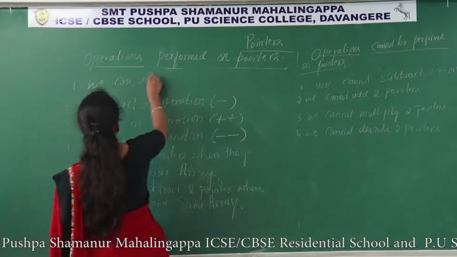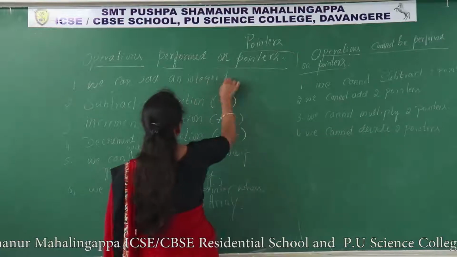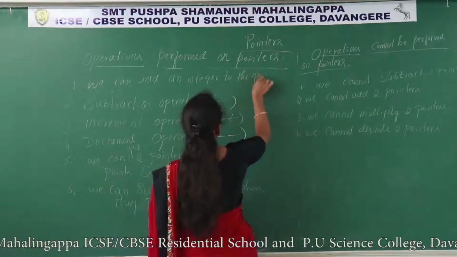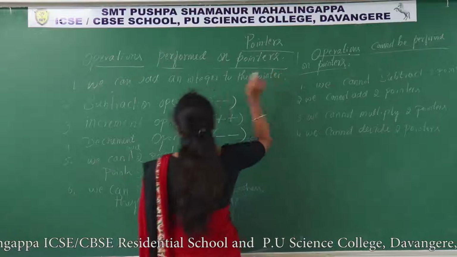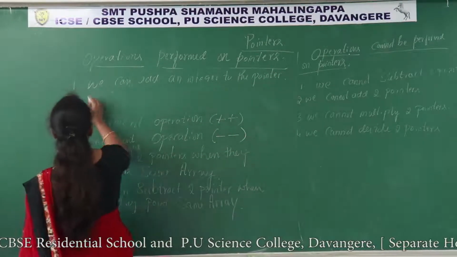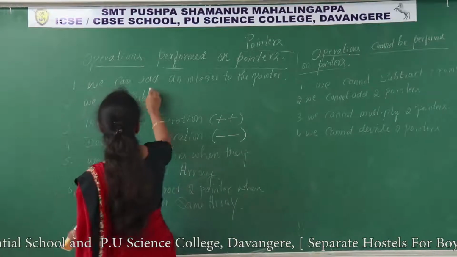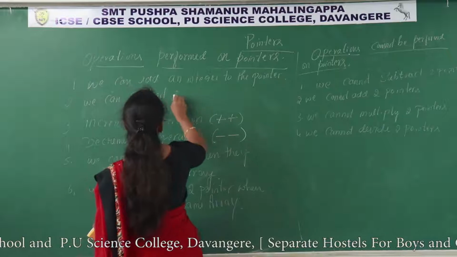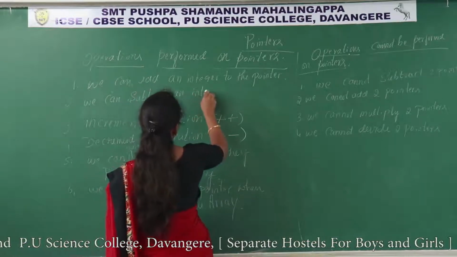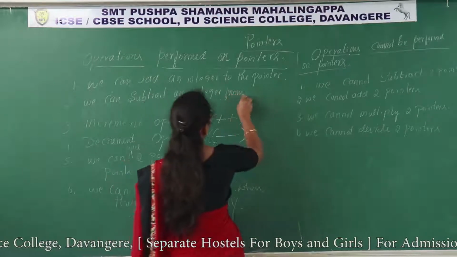We can add an integer to the pointer. Next, we can subtract an integer from a pointer.